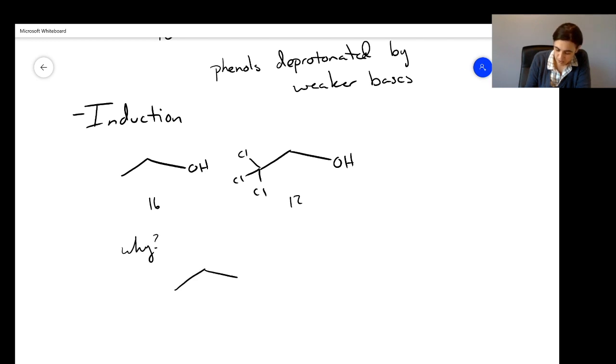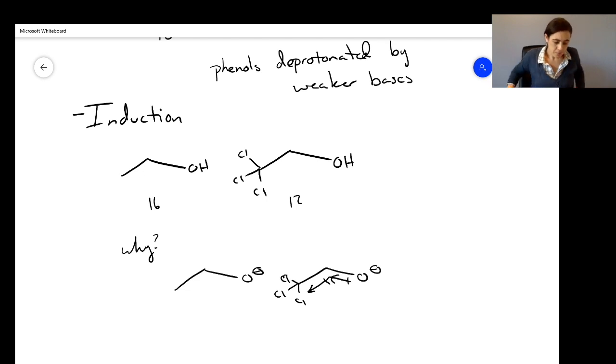Well, again, we look at the conjugate bases. We see that this is pulling electron density away, which allows the electron density of the oxygen to be shared across the carbon backbone a little more than in ethanol. So an inductive effect there.